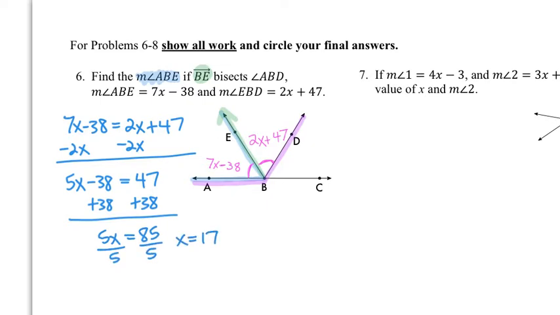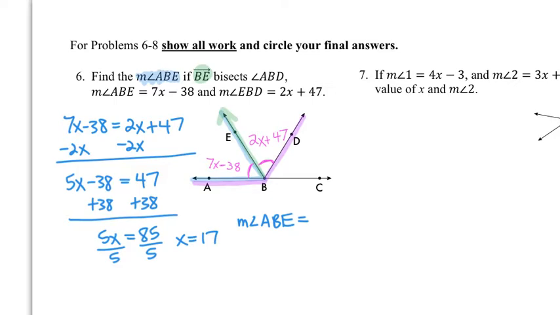That's great and all, but that's not our final answer. Our final answer is, what is the measure of angle ABE? We had an expression for it. And notice my notation here. You have to have the measure of the angle, not just angle ABE. Angle ABE without the little m just means the physical angle, so it doesn't make sense for it to equal a number.